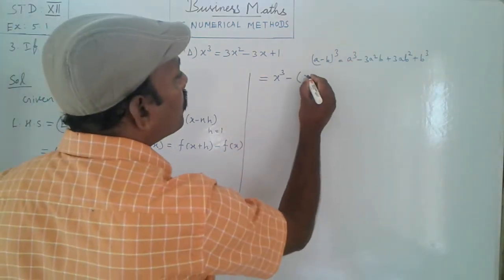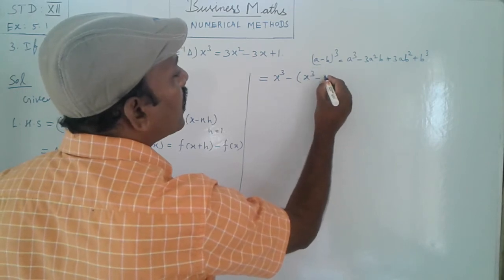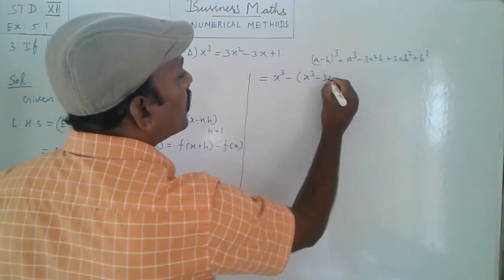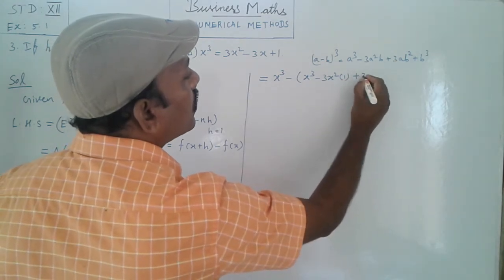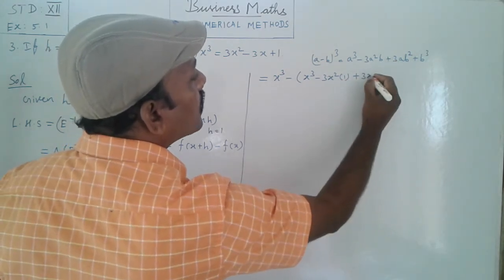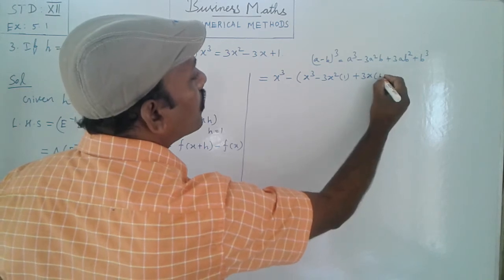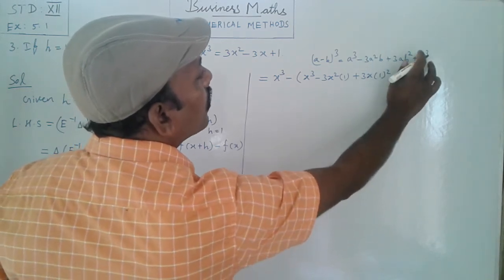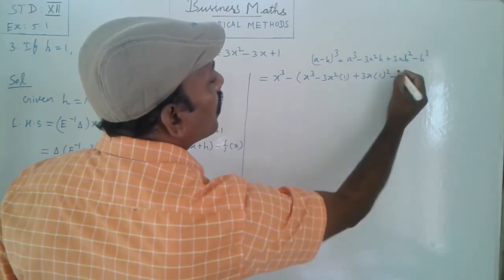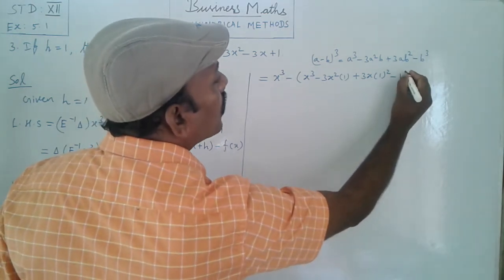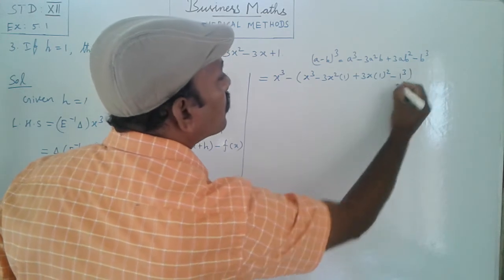So x cube minus 3 into x square into b value 1, plus 3 into x, a value x, b value 1 square, minus b cube. So minus b is 1, so 1 cube.